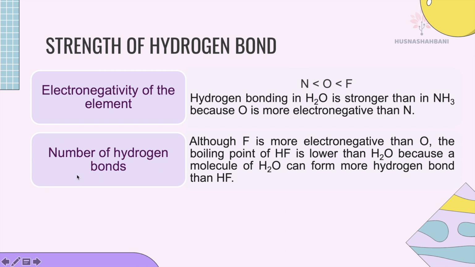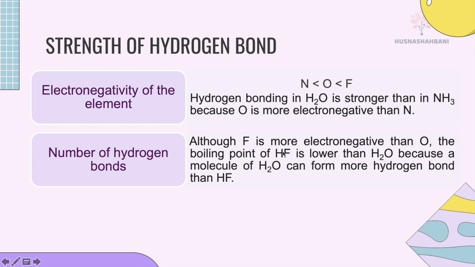Secondly, number of hydrogen bonds. Although F is more electronegative than O, so suppose the hydrogen bond in F is stronger than the hydrogen bond in the molecule that has O, the boiling point of HF is lower than H2O.